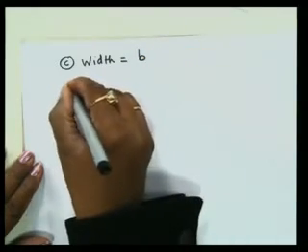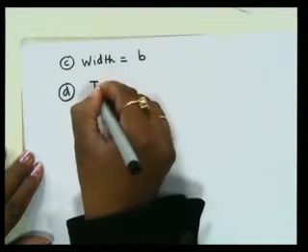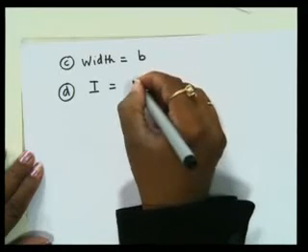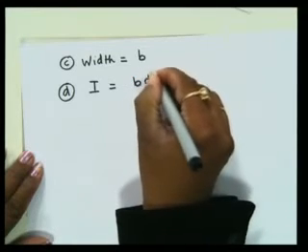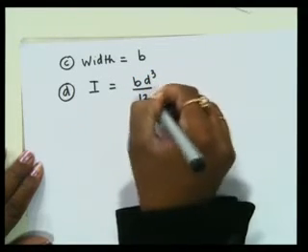And last is the moment of inertia I. The moment of inertia of a rectangular section is B D cube by 12.